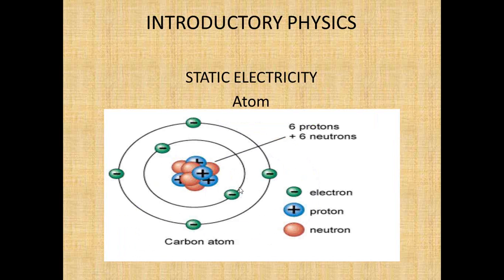Electrons are negative. So you have 2 electrons in this orbit, and then 4 electrons in the outer orbit. Remember that the different orbits contain different quanta of energy. The ones closest to the nucleus have lower energy. The outer ones have higher energy.